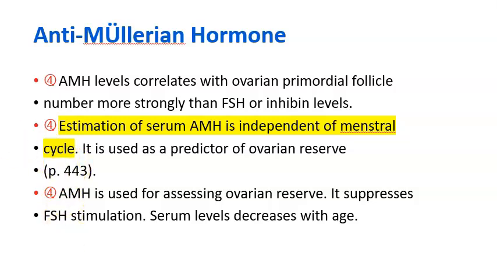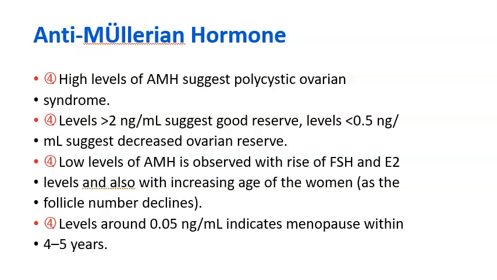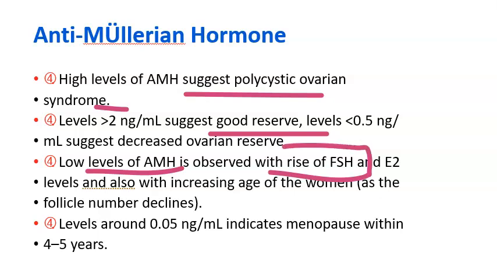So whatever they are trying to summarize here, they are saying that if AMH is high, what does it mean? Polycystic ovarian syndrome; if it is very high, it can be a tumor marker. Some optimal levels we have told you. If AMH is low, then it can also show a rise in FSH and E2, because the follicles have to be stimulated more.